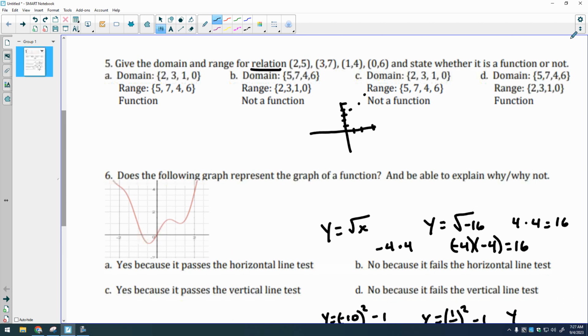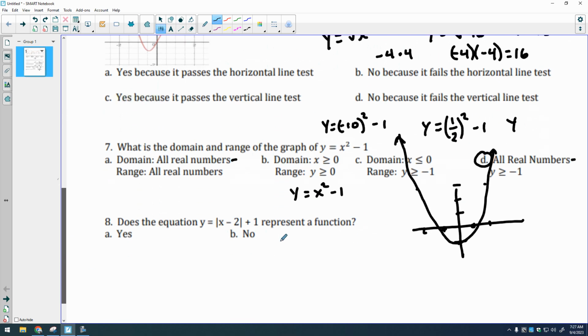Okay, so this one up here says state whether this is a function, and question number 8 says state whether this is a function. Let's do question 8 first. Is this a function? Well, I like looking at the graph because graphically it's easier to see. So remember, this is an absolute value function. It's going to look like a V. So it's an absolute value function that has been shifted right 2 and up 1.